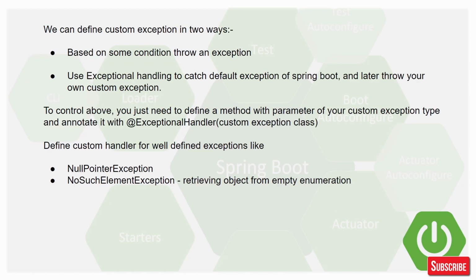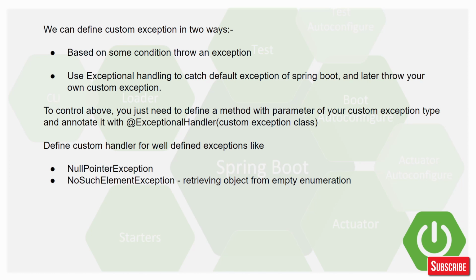We can define custom exceptions in two ways. Basically, I have categorized it in two ways. One is, based on some condition, throw an exception. Let's say a client is making a get request for some data, and that data is not available.